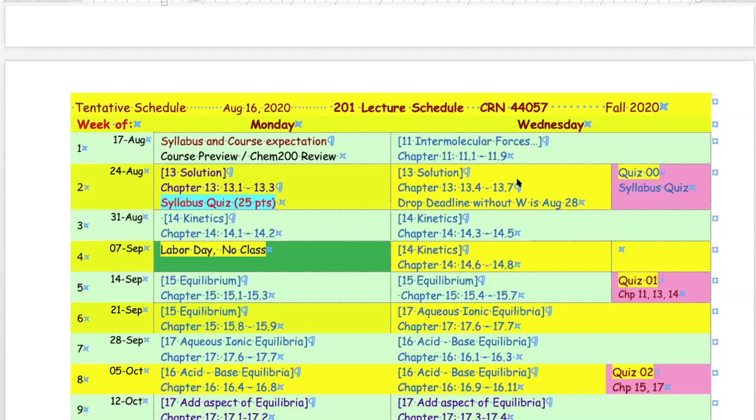Kinetics tells you how fast a reaction goes, not so much to completion, but to equilibrium, when it looks like the reaction has stopped. Equilibrium tells you when the reaction has stopped, but more importantly, it tells you the efficiency of that reaction. That's the next topic after kinetics. And then acid-base is nothing more than equilibrium for a specific type of chemical, acids and bases.